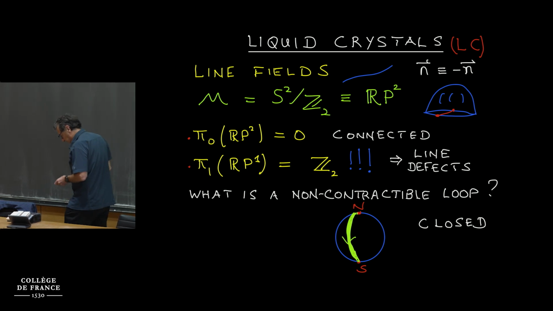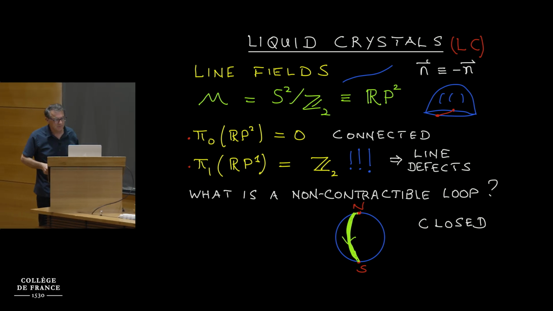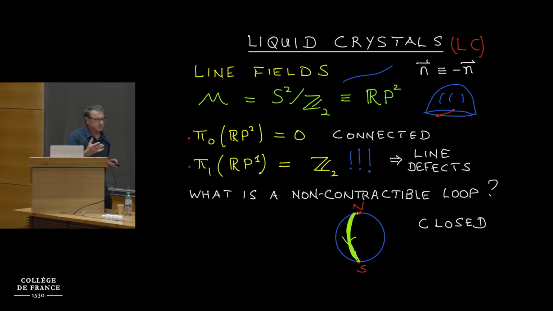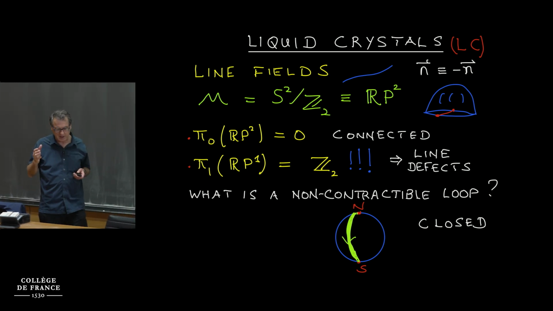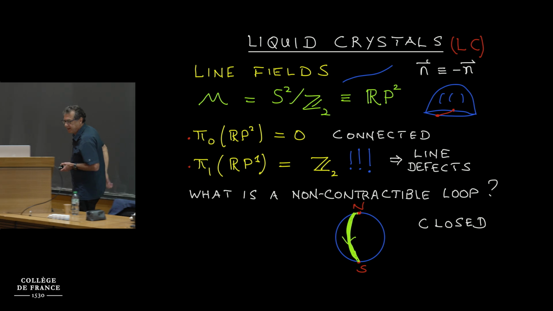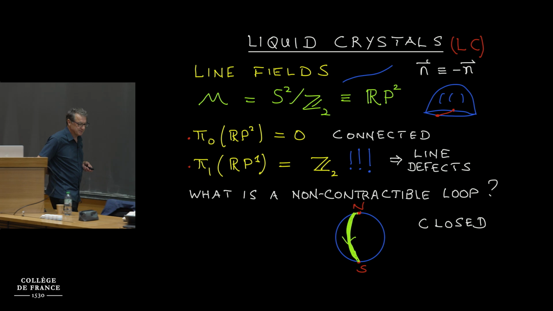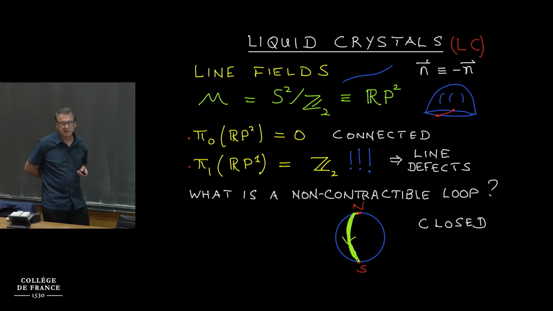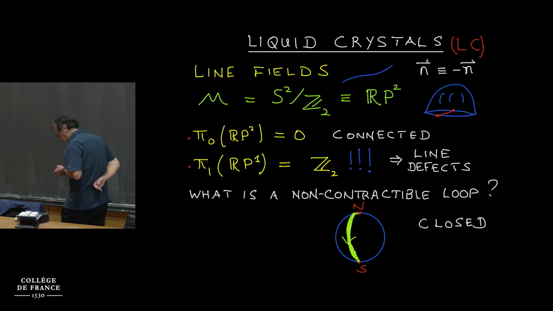So that is S2 mod Z2, change of sign. Now, this is a real projective space, in this case, two-dimensional space, so RP2, basis of projective geometry. And here, we get something new. It's connected, fine. But unlike the ferromagnetic case, it's not simply connected.